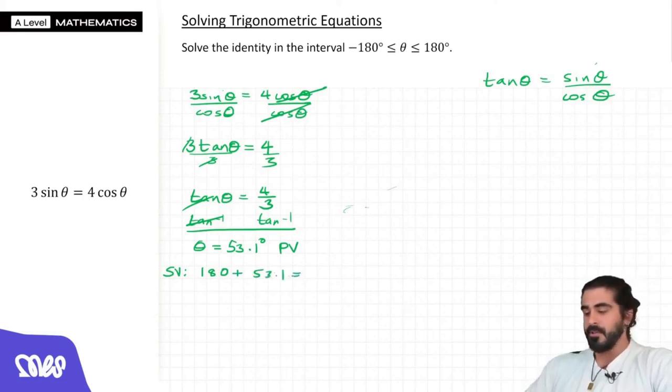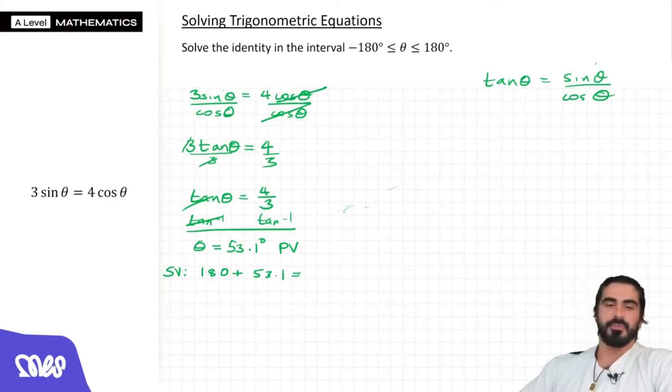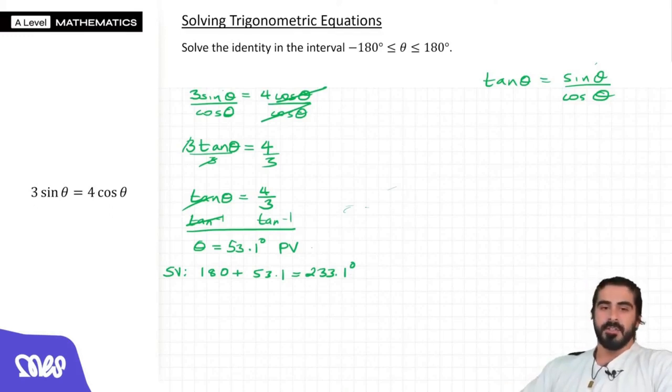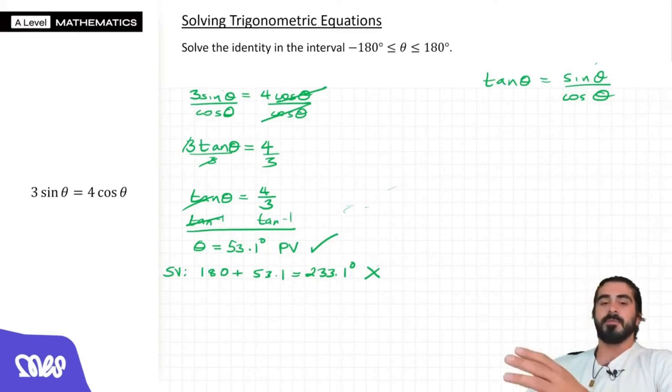So in our calculator, we're just doing plus 180 to get 233.1. Now, what you may notice is 233.1 is not in the range. So what I like to do is, as I go along, I tick and cross what is and isn't in the range. Now this is very simple. We've just finished step 2.